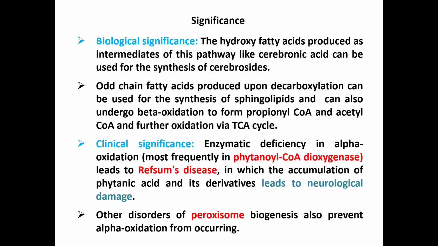It is produced from the alpha oxidation of the cerebronic acid. And odd chain fatty acids are produced upon decarboxylation, and can be used for the synthesis of the sphingolipid. Sphingolipid is also a component of the phospholipid, and can also undergo the beta oxidation process to form propionyl coenzyme A and acetyl coenzyme A for oxidation by the TCA cycle.